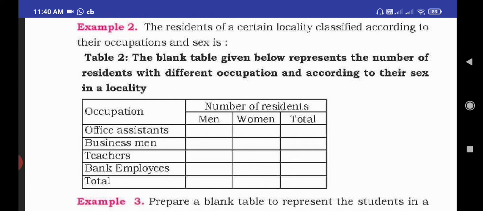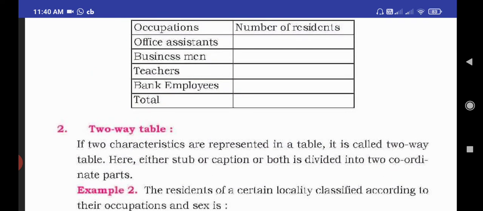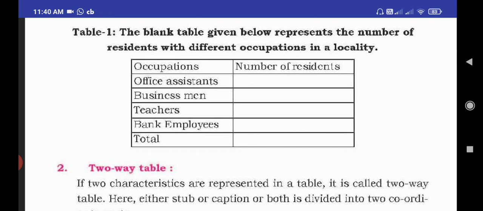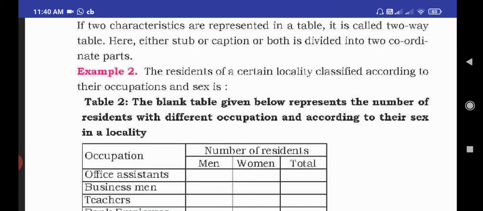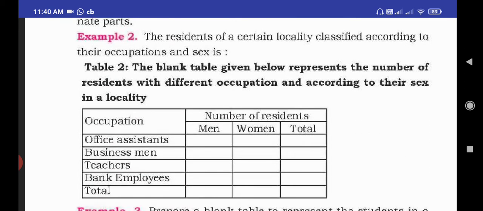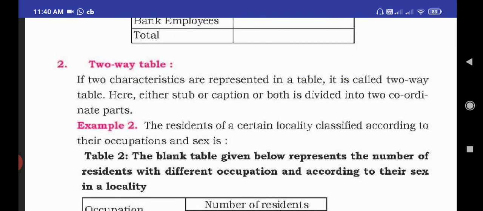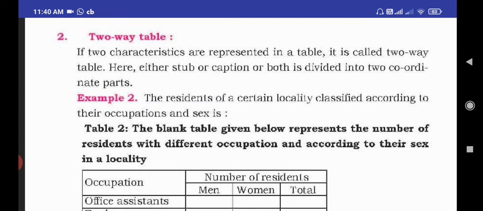One characteristic is men, another is women. In the previous type of table, we gave importance only to number of residents. We did not classify again, but in this table we are classifying again into men and women. So men is one type of characteristic and women is another. So this is the two-way table. When we give importance to two characteristics or two qualities, that data is called two-way table data.